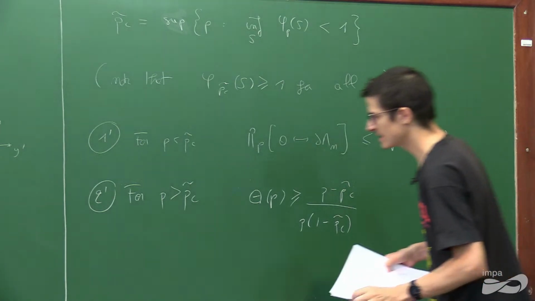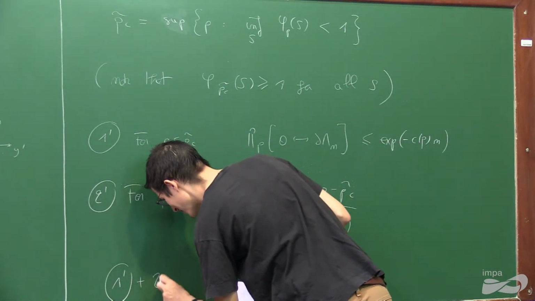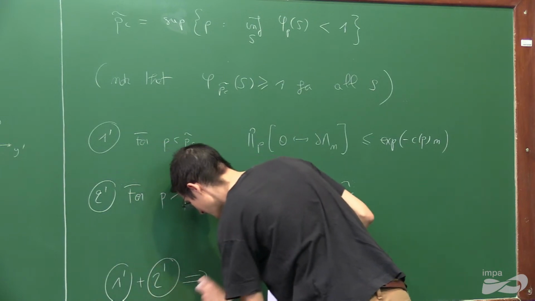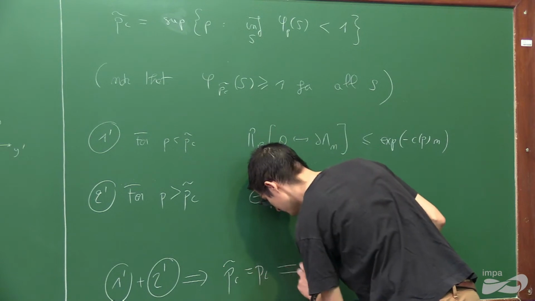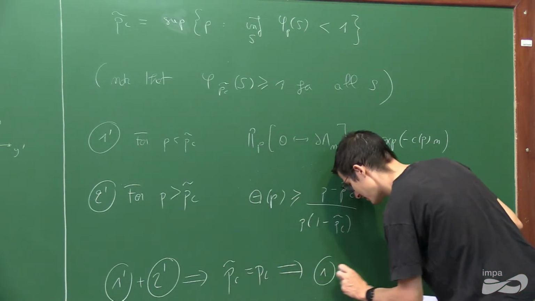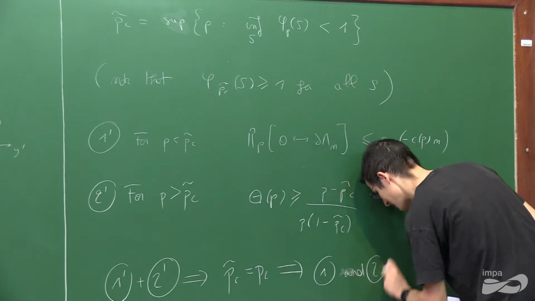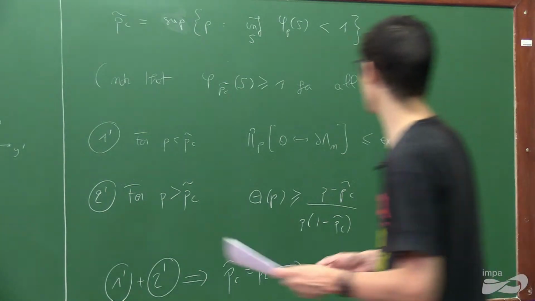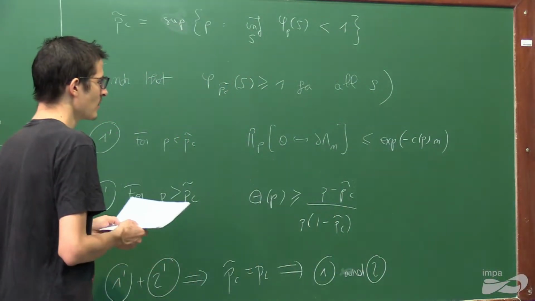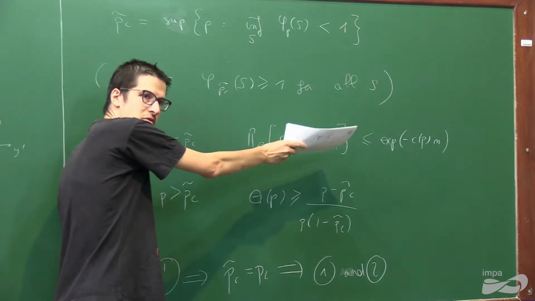But the idea is that if you look at these two things, they imply that p̃_c is equal to p_c, so this implies that one and two hold. This one prime implies in particular that this probability decays to 0.